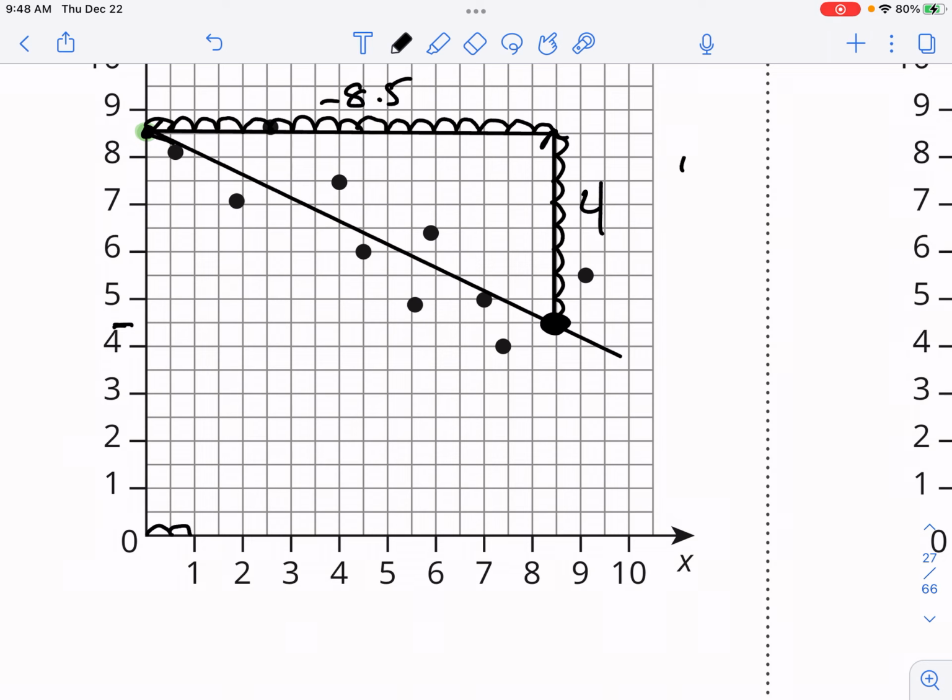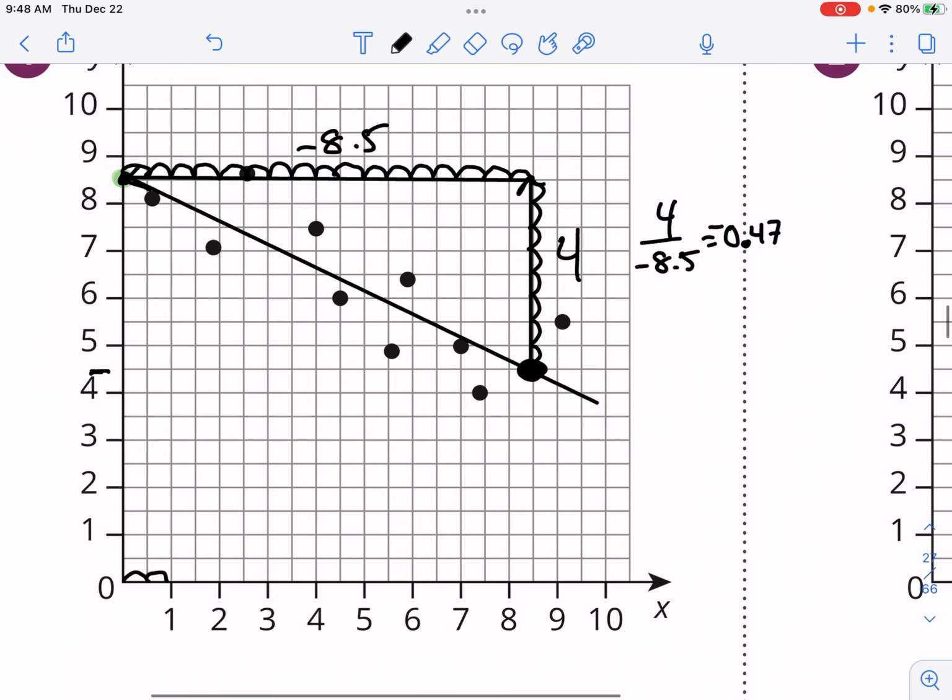So if we divide our rise over run and put this into a calculator, it's going to be roughly a half, because 4 is half of 8. That is about 0.47. It'll be negative 0.47.